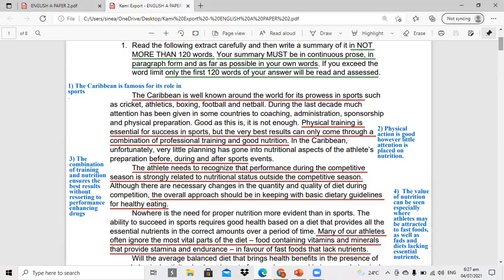The main ideas, right? So we know that it begins by saying the Caribbean is well known around the world for sports. That is what the first line says. So that is an ideal point to have when we are summarizing. We can say in our own words, the Caribbean is famous for its role in sports. We know people like Usain Bolt.